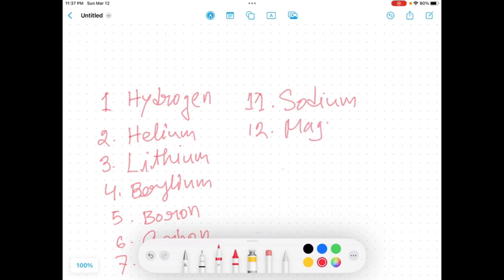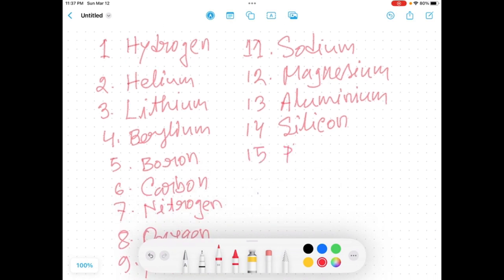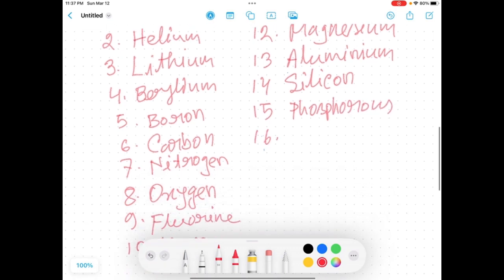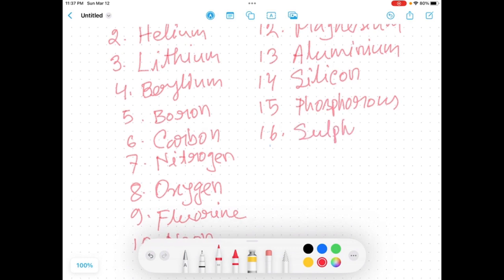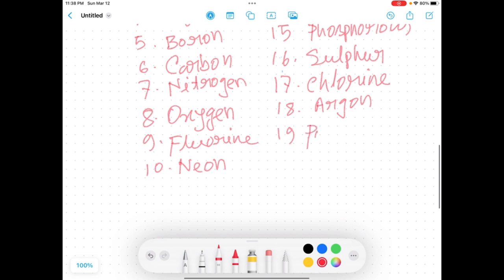12 magnesium. 13 is aluminum. 14 is silicon. 15 phosphorus, 16 sulfur, 17 chlorine, 18 argon, 19 potassium, and 20 calcium.